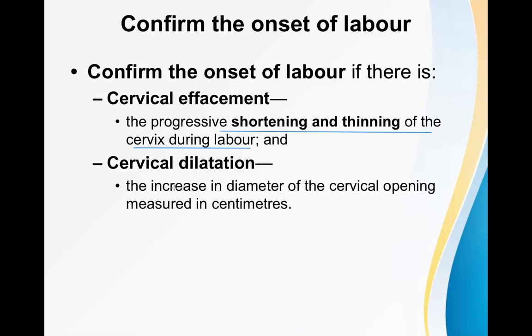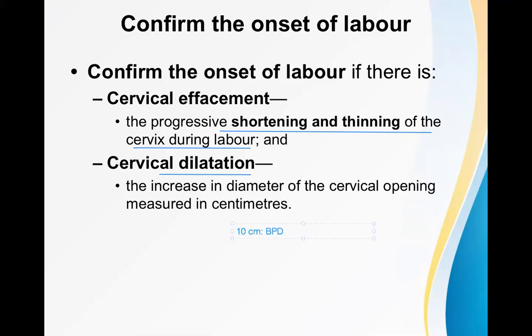Along with this effacement, there is dilatation of the cervix. I already told you the maximum cervical dilatation is 10 centimeter. Let me write that for you, 10 centimeter, because the maximum diameter of the fetal head is called BPD. Now, what is the full form of BPD?